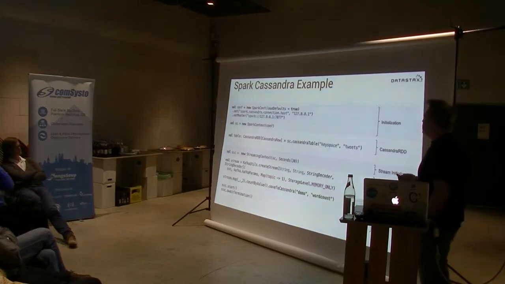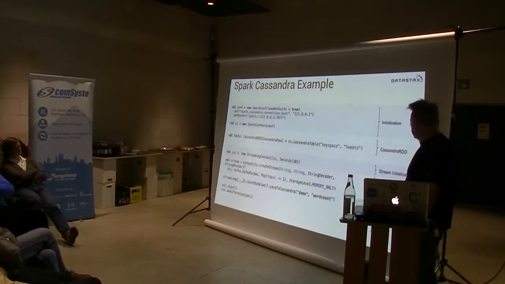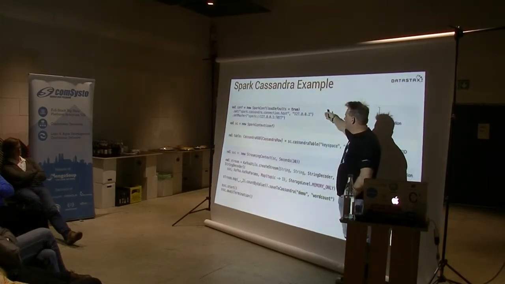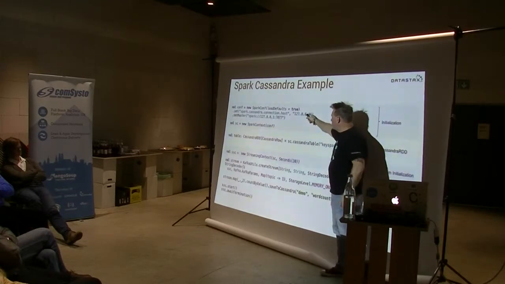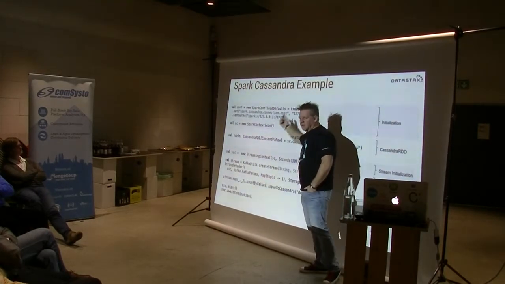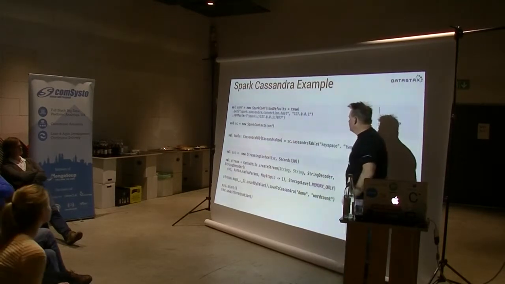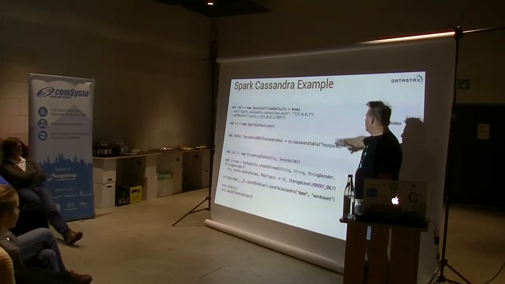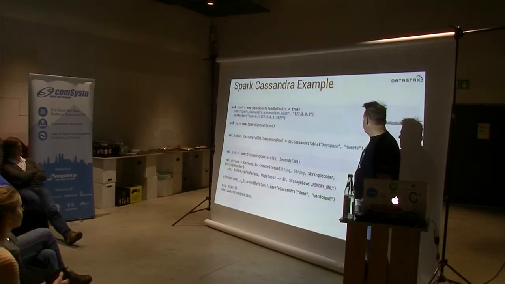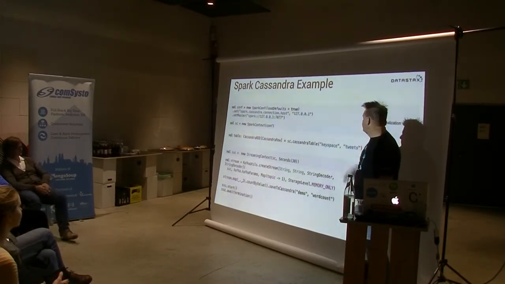Here's a very simple example of the connection. When you connect to Spark or Cassandra, you just give it the host, the local host, and you give your Spark master, again the local host. You create a Cassandra RDD, which is just rows of data from Cassandra, and it's this tweets table.